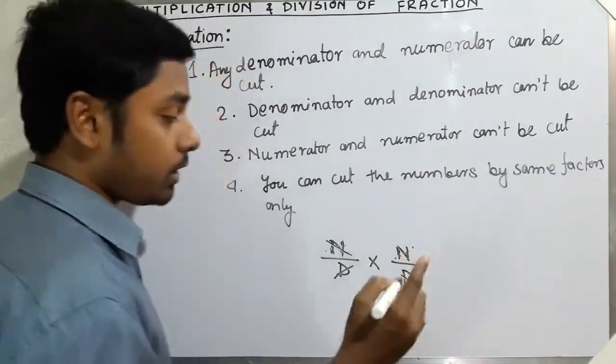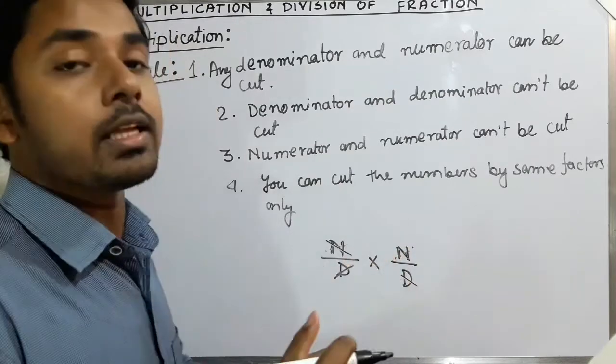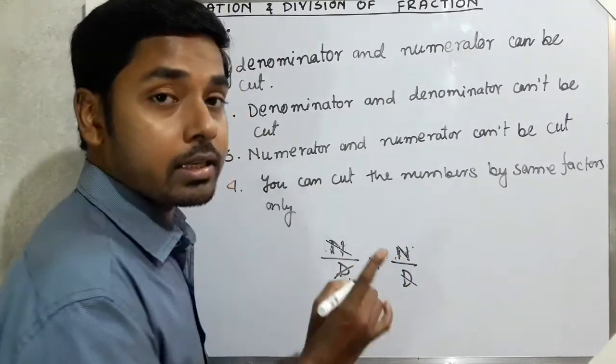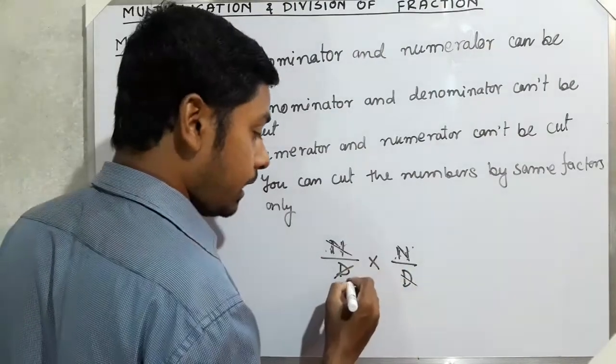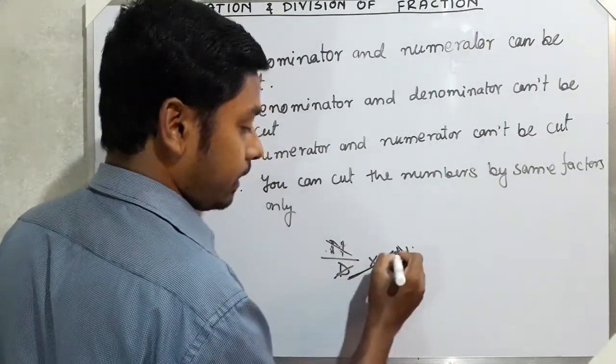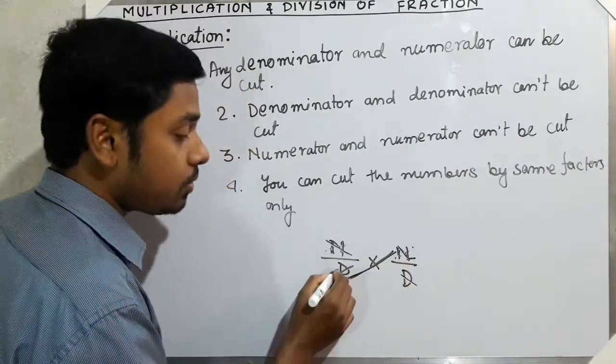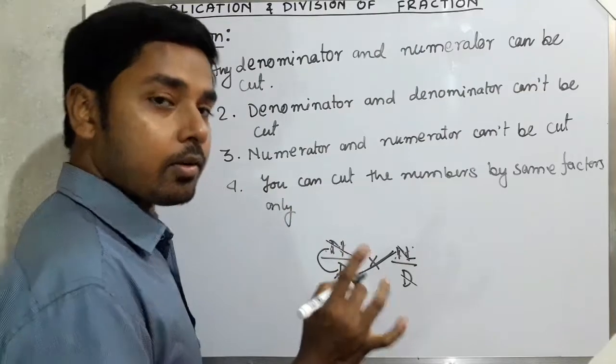That means you can cut the numbers diagonally, in a cross way, like this. This denominator with this numerator, or this denominator with this numerator.